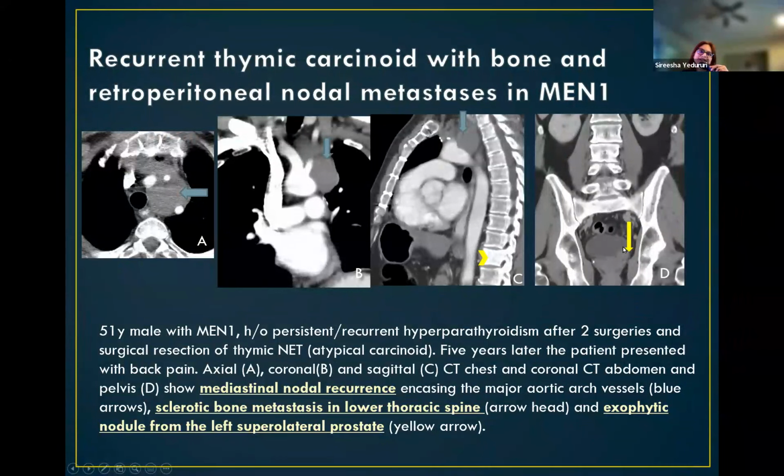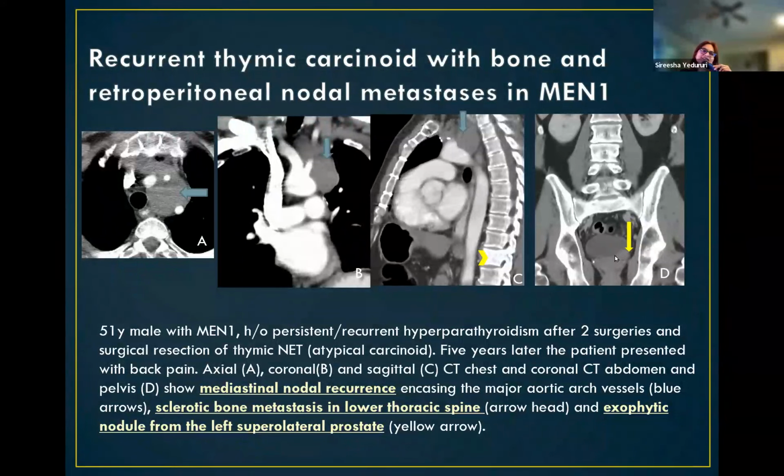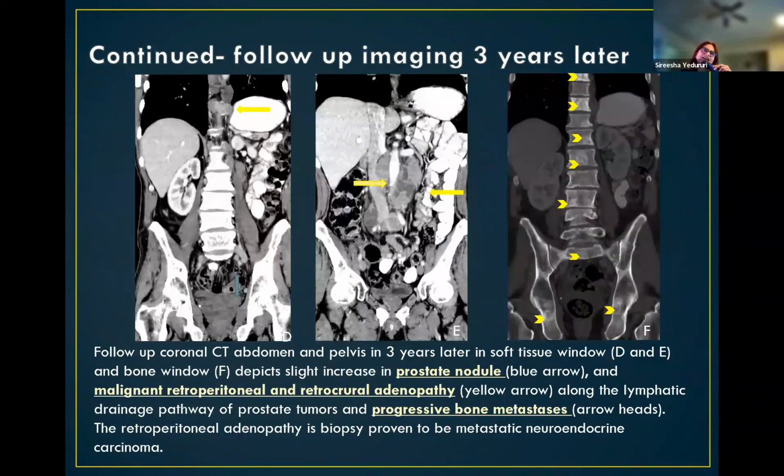This patient also had a nodule superior to the prostate, another site of metastasis. After 3 years, it spread to the retroperitoneal nodes, and the patient has progressive bone metastasis also.